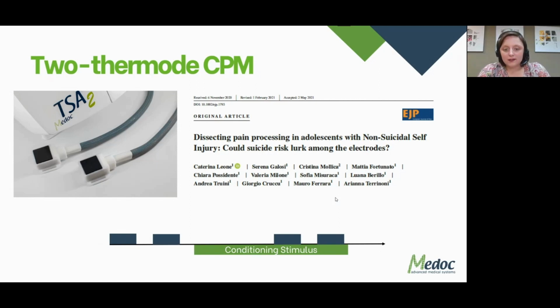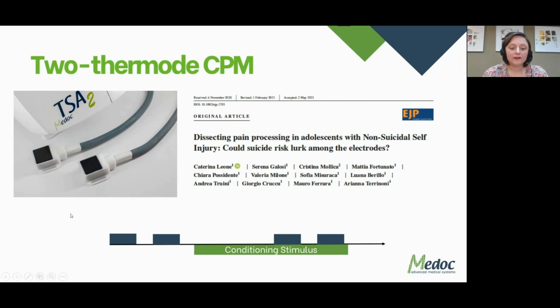In this case, our previous dual thermal device, the Qsens CPM device, was used in adolescents with non-suicidal self-injury. They wanted to see how pain processing is different there, and they demonstrated a deficit in endogenous pain modulation as reflected by CPM.